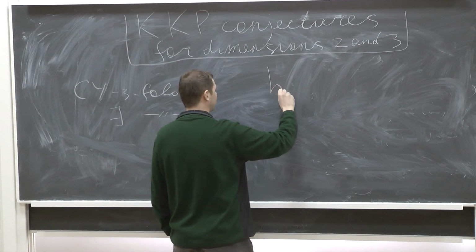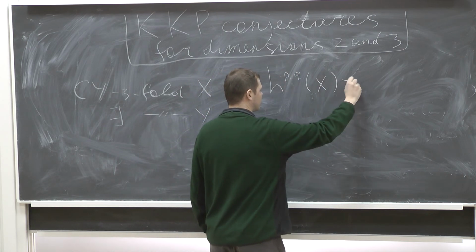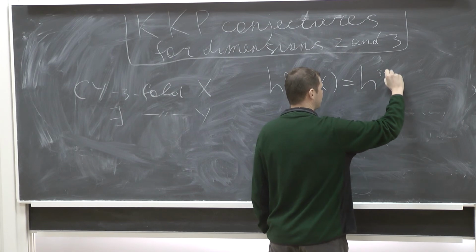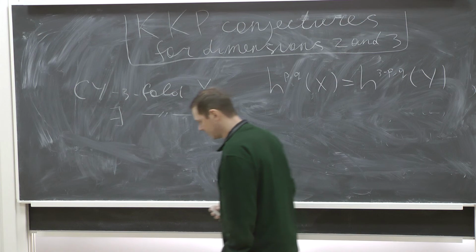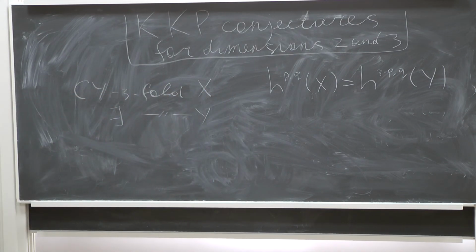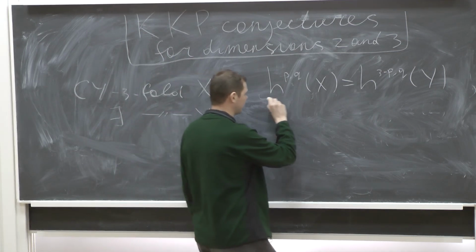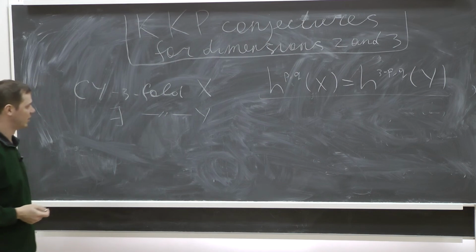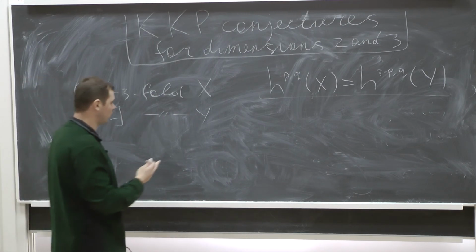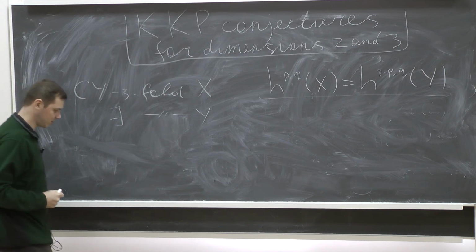So h^{p,q} of X is equal to h^{3-p,q} of Y. That was one of the initial observations in mirror symmetry, which then developed. We would like to consider this type of relations, but in more generality.